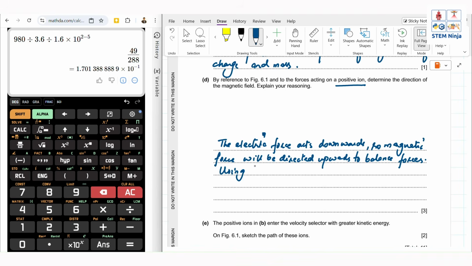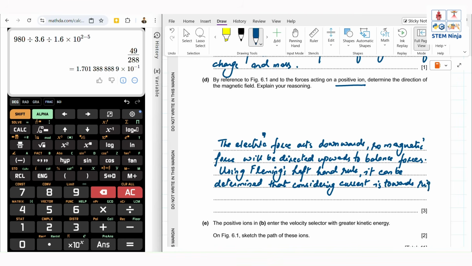Using Fleming's left-hand rule, it can be determined that considering current is towards the right, force is upwards, then magnetic field direction will be into the page.